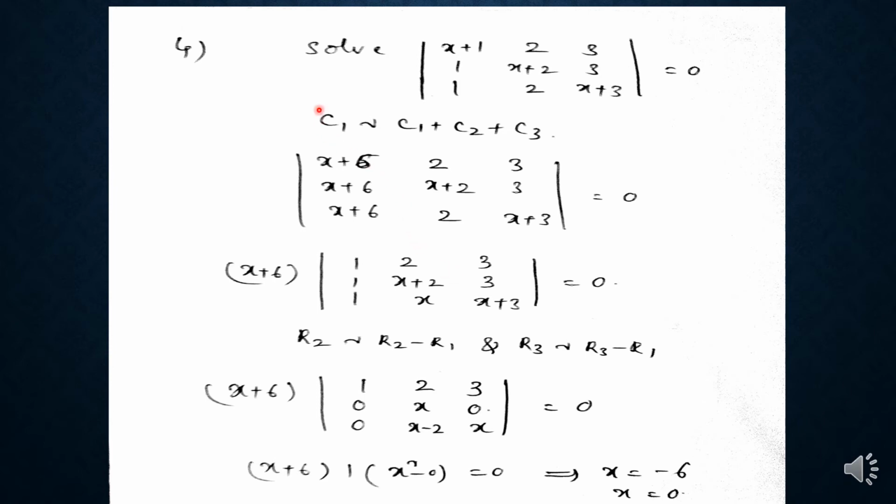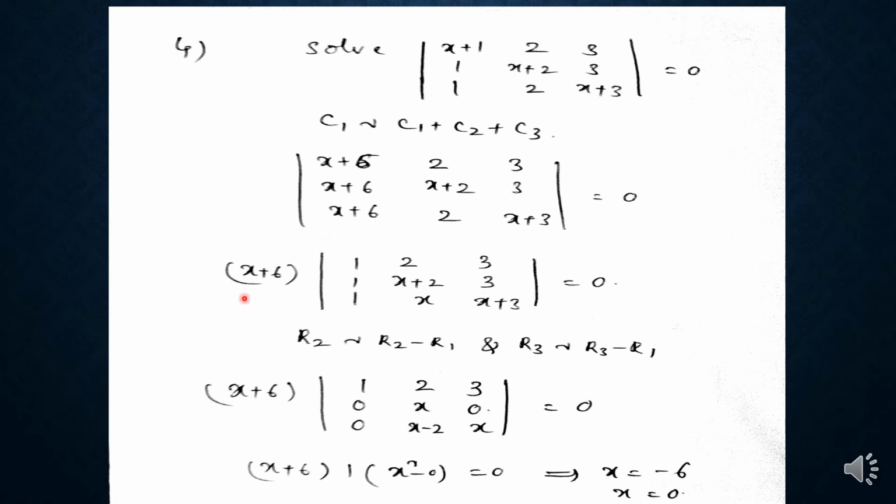So to solve this determinant, by using the column operations, we make the first column as x plus 6, x plus 6, x plus 6. Second column 2, x plus 2, 2. Third column is 3, 3, x plus 3, is equal to 0. In the first column, x plus 6 is common.